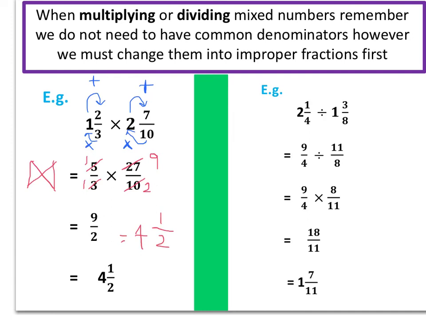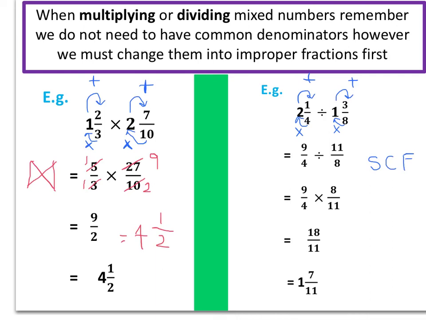Our example over here with division is the same idea. Change it first into an improper fraction. 4 times 2 is 8, plus 1 is 9. 8 times 1 is 8, plus 3 is 11. Now remember here, our rule for dividing fractions is stay, change, flip.